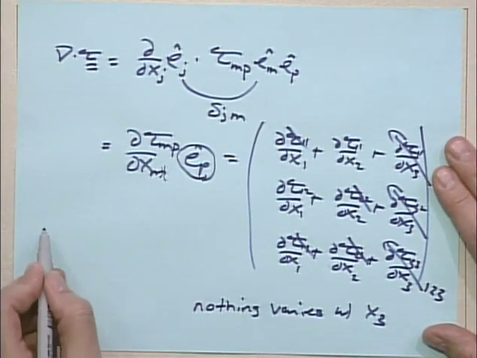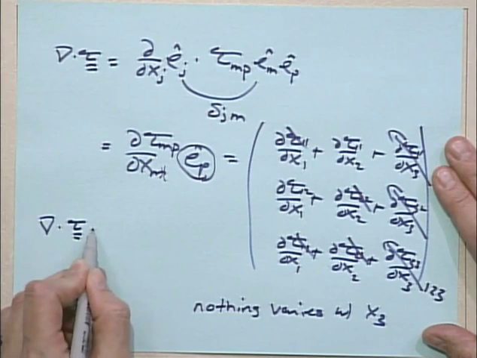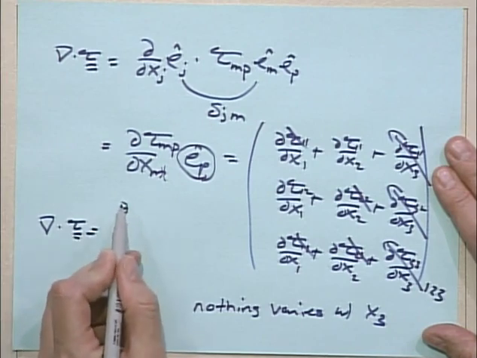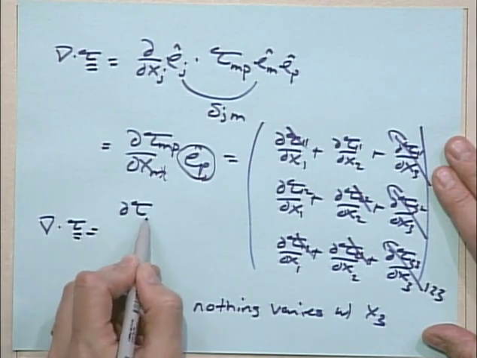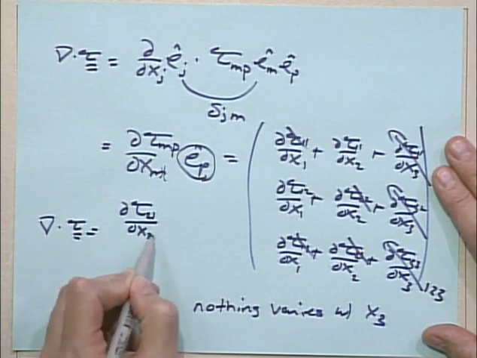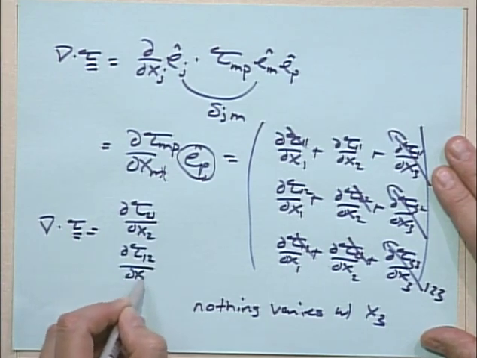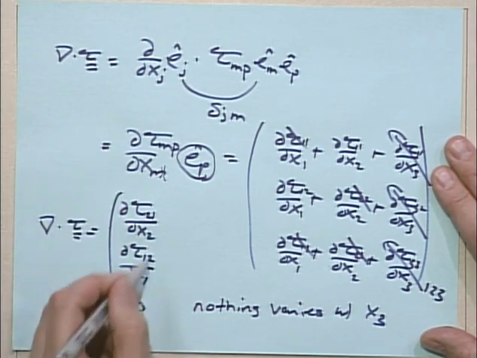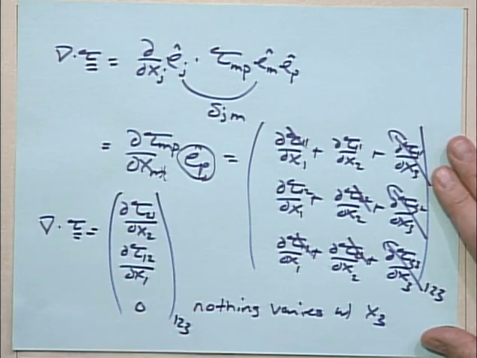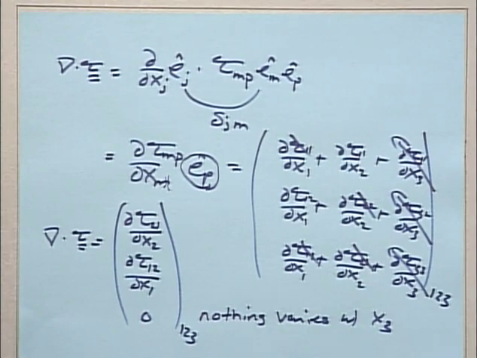And we end up with del dot tau, it's a vector: d tau 2,1 dx2, d tau 1,2 dx1, 0. And we know what those taus are. They're those m gamma dot to the n minus 1 terms that are on the other slide.